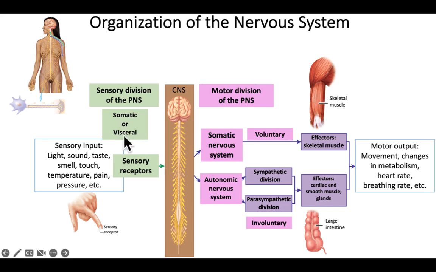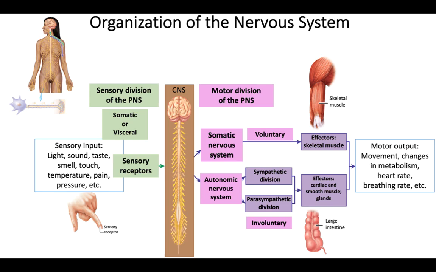Visceral, that word visceral means internal organ. So those senses we typically don't perceive, right? They're usually unconscious senses. So visceral would be things like sensing blood pressure, maybe sensing blood chemistry, maybe sensing chemicals in your stomach or in your intestines, so we know whether we need to digest our food.